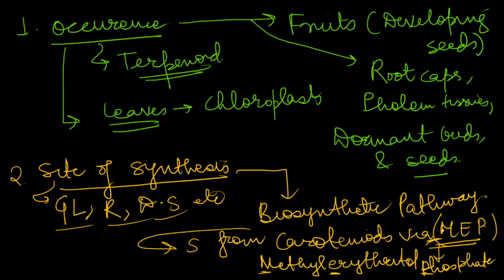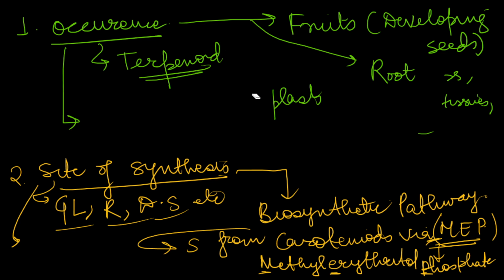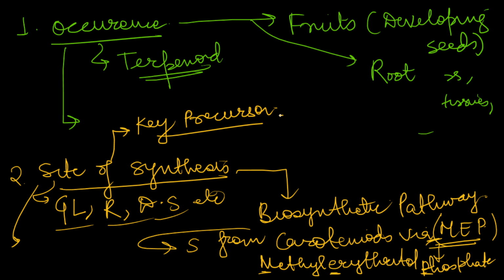So it is synthesized from carotenoids via the MEP pathway, and the key precursor here is violaxanthin.